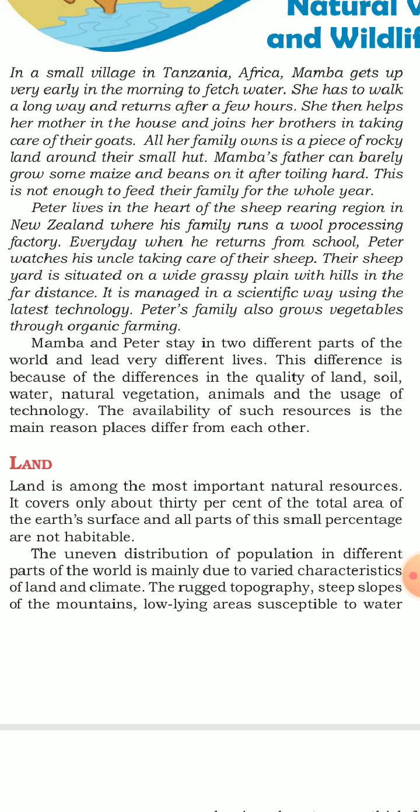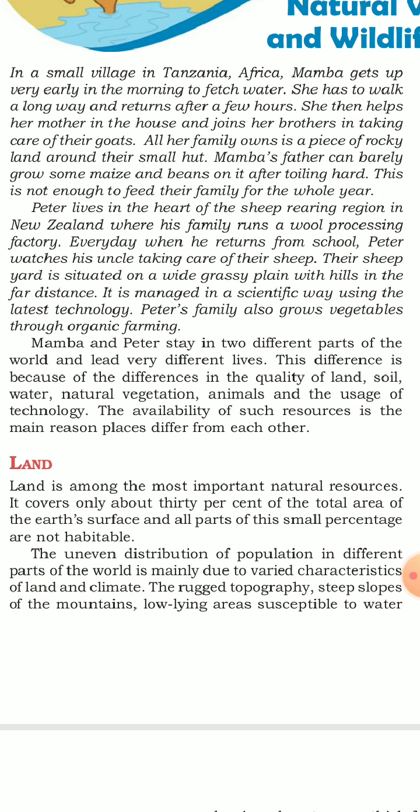So, the areas which are normally sparsely populated or uninhabited have rugged topography. I have already told you what topography means. The next are steep slopes of the mountain, low-lying areas prone to water logging, desert areas, thick forested areas.